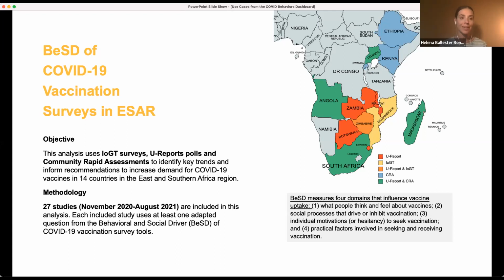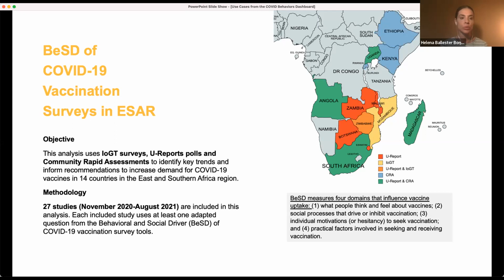But there was no data to inform what were actually the drivers for vaccine hesitancy, if vaccine hesitancy was present in the region, and if it was not present, what would be the other barriers that we need to overcome for promoting demand and uptake of COVID-19 vaccines.